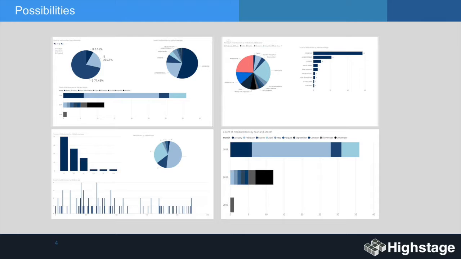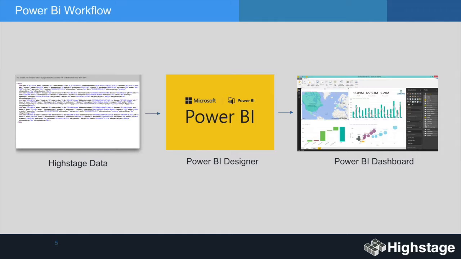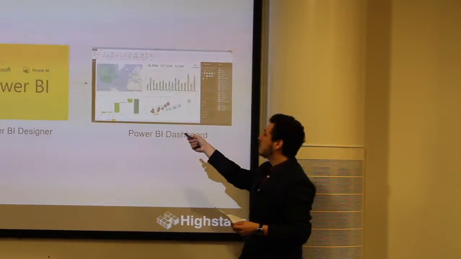Here are four possibilities that I'm going to go through in this presentation. The way it works, we get HighStage data in XML format, then we parse it into Power BI, and using these tools here, we can drag and drop and create dashboards.